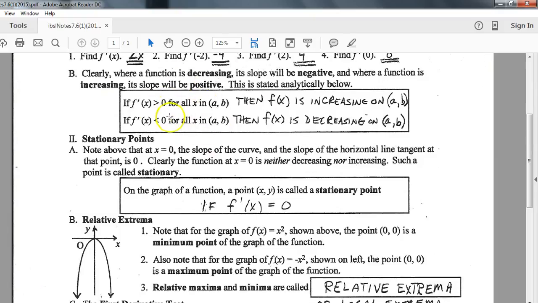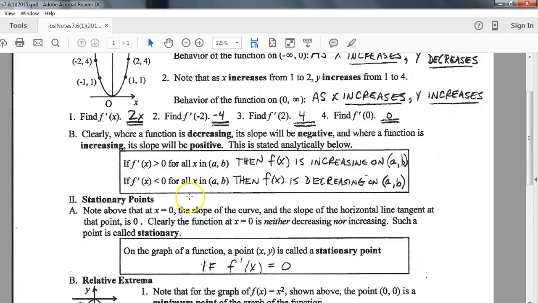As I just mentioned up above, to sum up what's being said right here in this box, anytime your derivative is positive, that's the area of the graph that would have a positive slope, and so that's where the graph is increasing. If you have a negative slope, that's where the graph is decreasing. We're going to use that concept to help us identify stationary points.